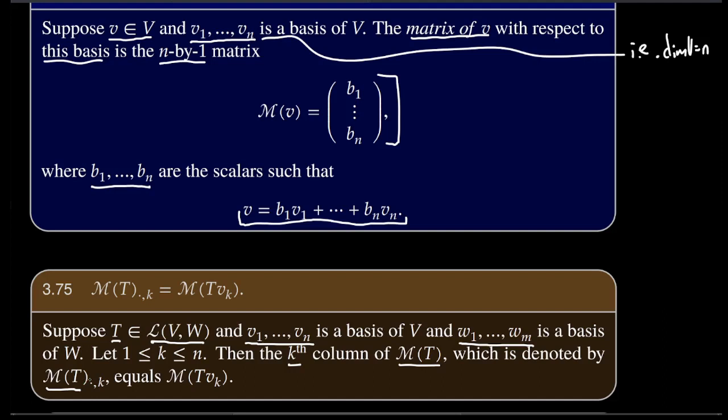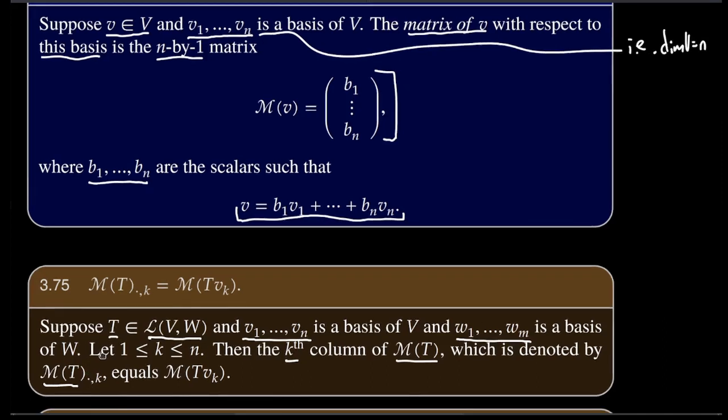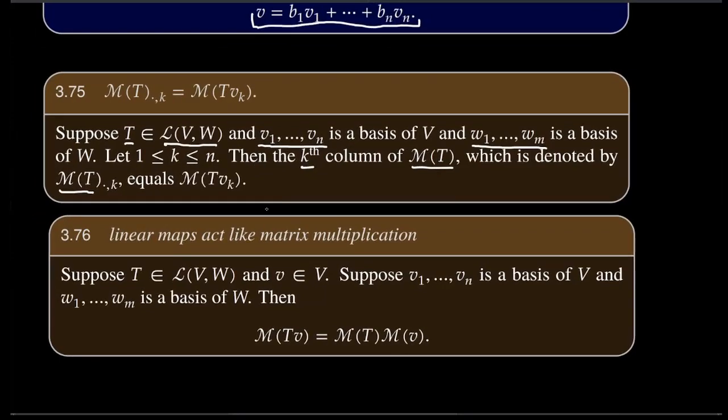The entries in the matrix of T are the coefficients that you use to write the image of a basis vector in the domain in terms of a linear combination of the basis of the range. The coefficients are precisely the columns. Oh, so this is just definitionally true.